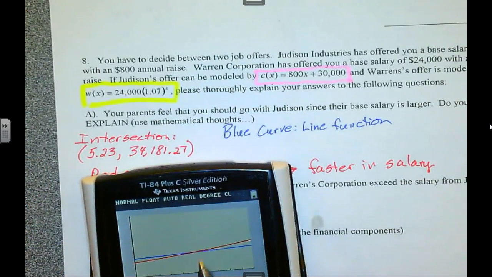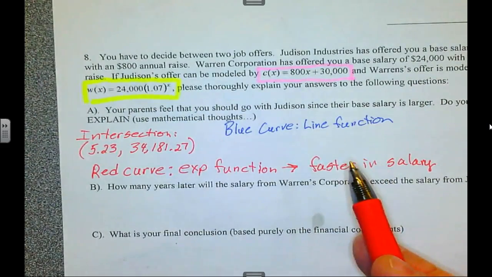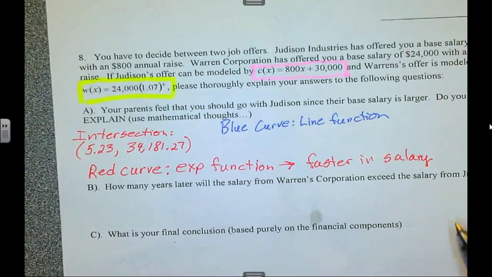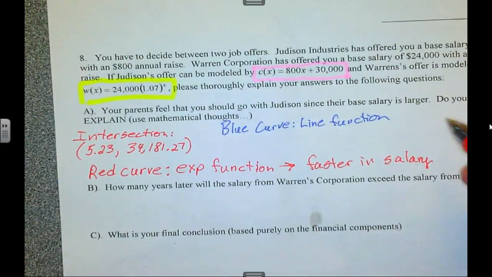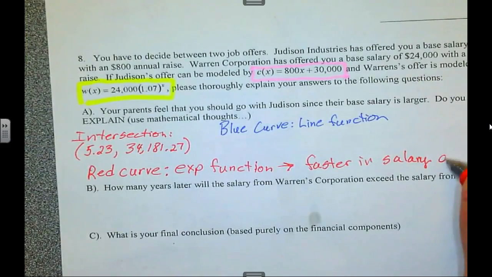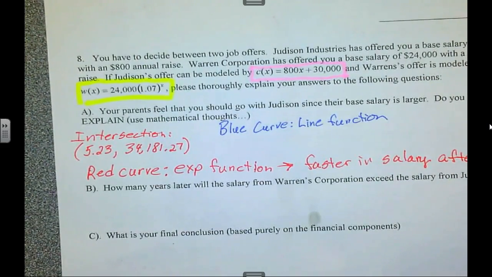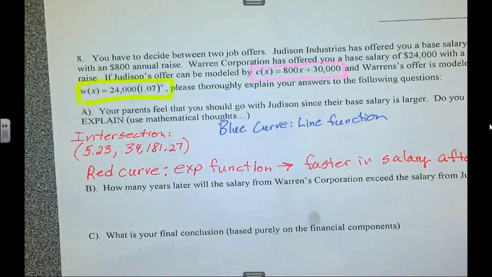Now, notice how my red one is going to go up faster after how many years? That's right, 5.23 years.